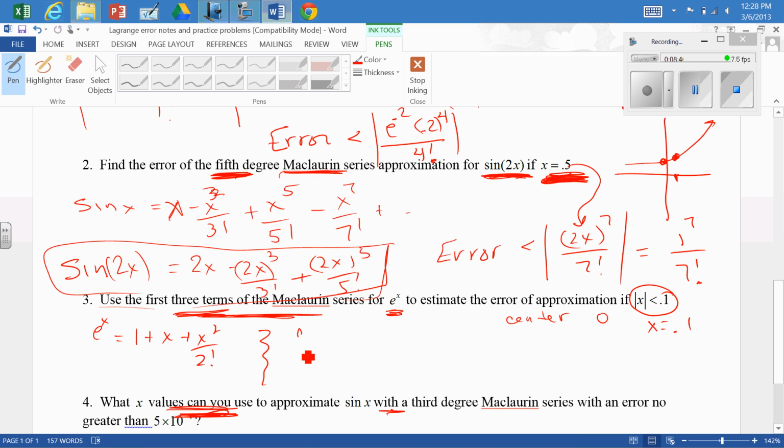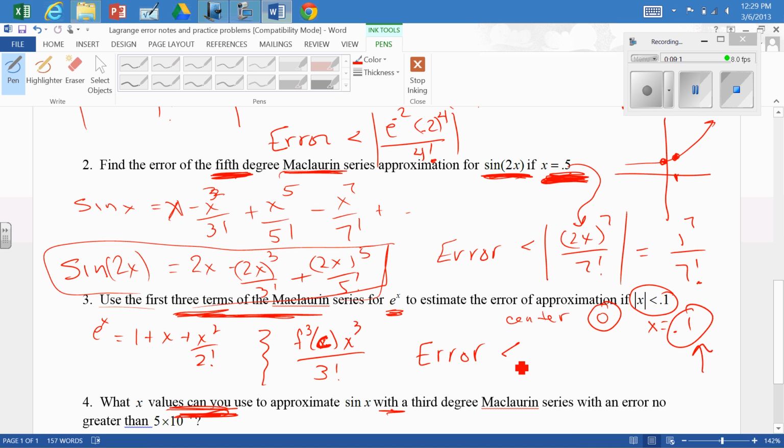So we need the 3rd derivative of x times x to the 3rd over 3 factorial. All right, we're going to figure out what that value is there. Okay, so our error, again, we know any derivative of e to the x is just going to be e to the x. If I plug in 0 versus 0.1, this is going to give me the largest value, e to the 0.1.